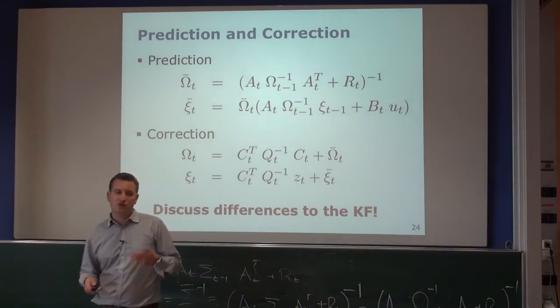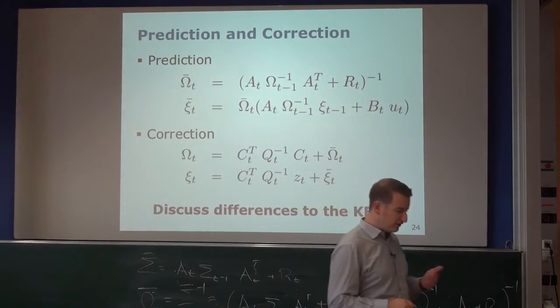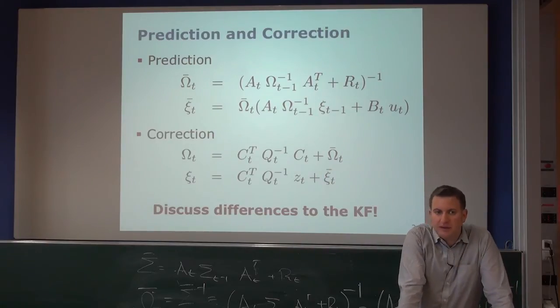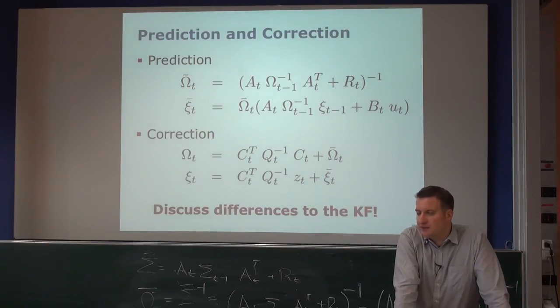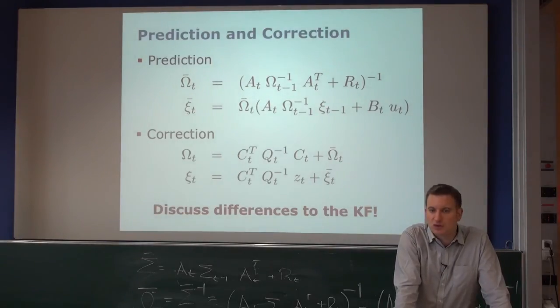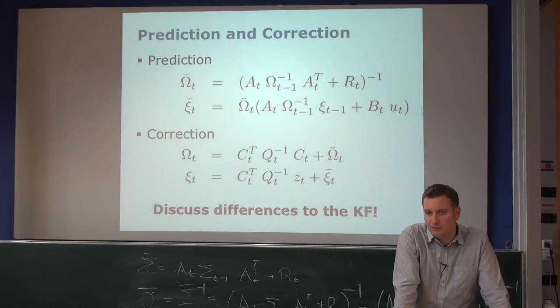The other thing which is the case is, as was said correctly before, inverting a matrix is expensive. Inverting a matrix is only expensive if this matrix is dense. If this matrix is very sparse, it means the majority of elements are 0. You can use more efficient techniques for inverting matrices.